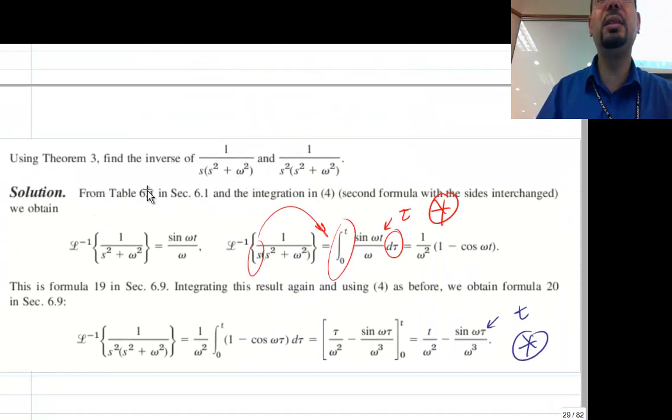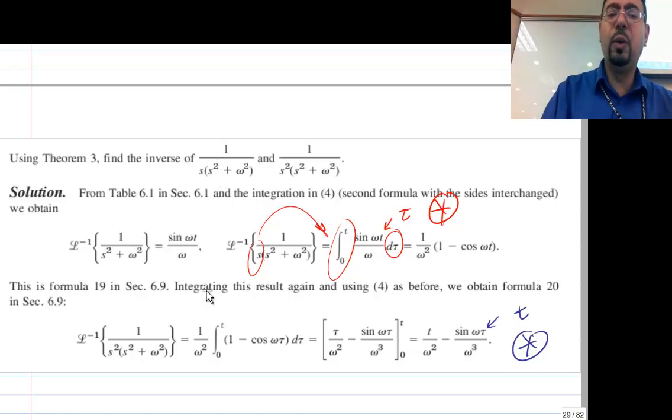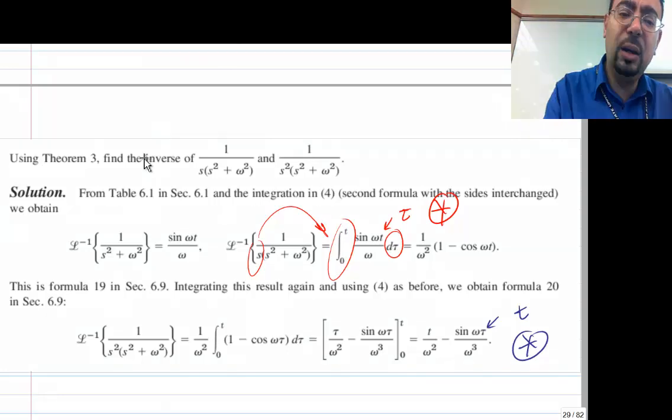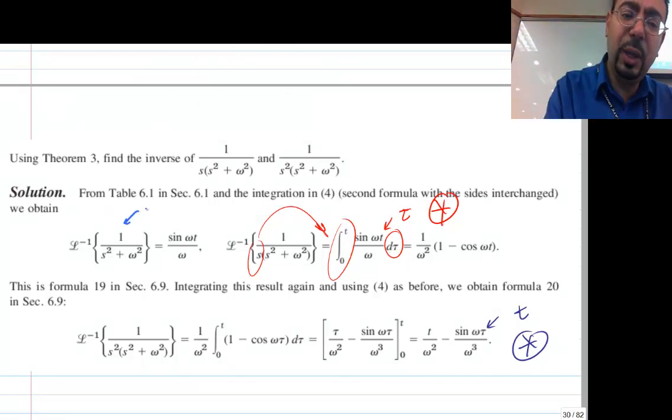So for example, here is an example. He's saying basically that for s squared plus omega squared, first we'll think of 1 plus s squared over omega squared. If only we had omega on top of it, right? But that's okay. We can add omega and divide by omega.